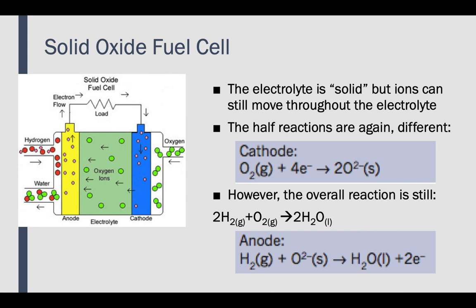So the anode reaction is hydrogen reacting with oxide to produce water. This is a little bit out of the realm of using the usual method to balance, but because we know the overall reaction, you use it to take away the cathode reaction to work out the anode reaction.